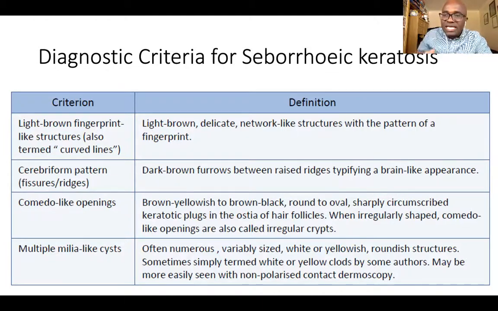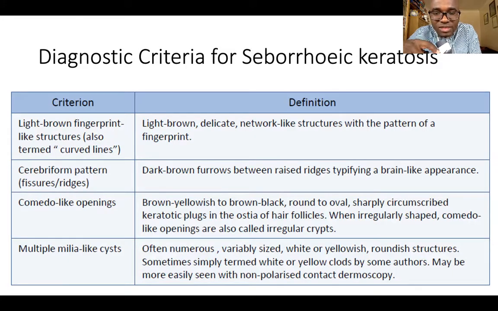But the good thing about this is, remember in my first video, I talked about using polarized and non-polarized dermoscopy. If you use non-polarized contact dermoscopy, you appreciate these milia cysts more.